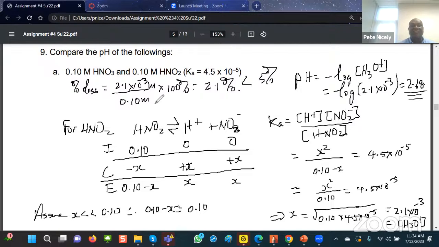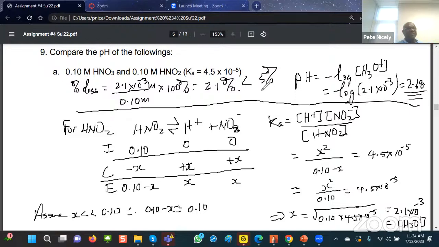And that's basically how that is done. And then you compare the 2.68 to the 1.0 that we got earlier. Obviously 1.0 is less than 2.68, which means that the nitric acid is stronger than the nitrous acid.